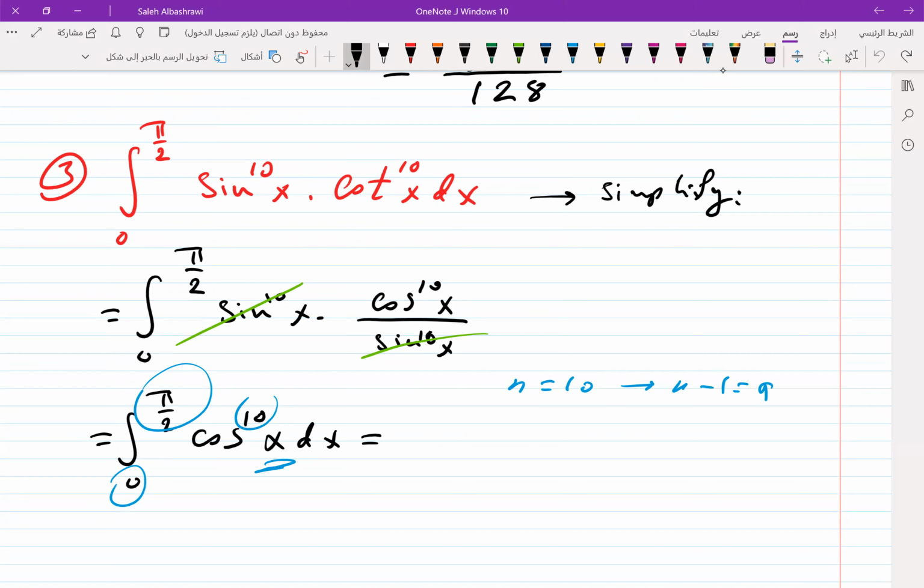Since the power is even, we must have pi over 2 multiplied by 1 by 3 by 5, 7, and 9 up to n minus 1 divided by 2 by 4, 6, 8, and 10.